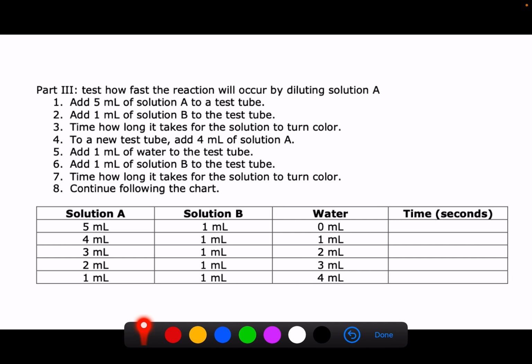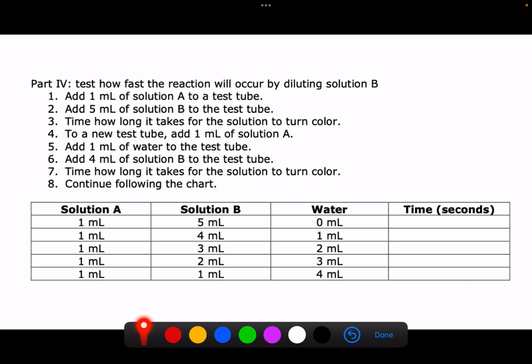Then on part 3, we're going to dilute A, right? And we're going to hold solution B constant. So what happens when we dilute? Does that have an impact on the time?